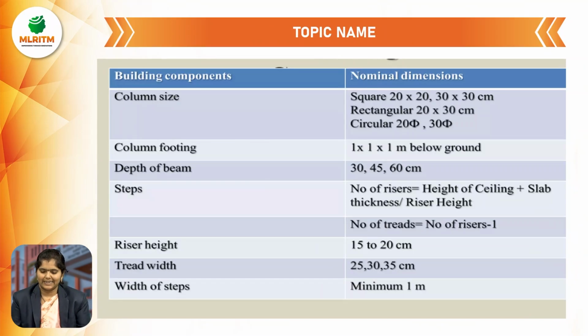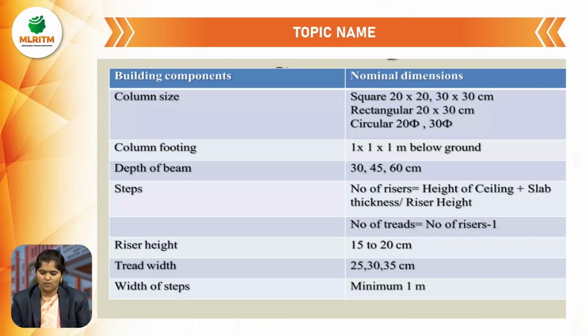Columns are of three types: square column, rectangular column, circular column. Square column 20 by 20 centimeters and 30 by 30. Depending on the multiple floors we construct, they require more length of the columns. And next rectangular, 20 by 30 centimeters.